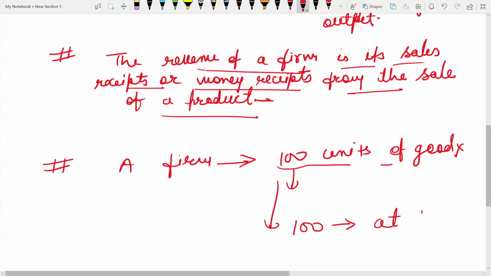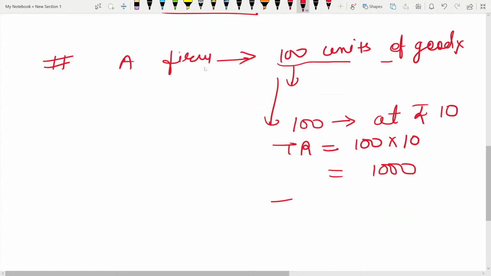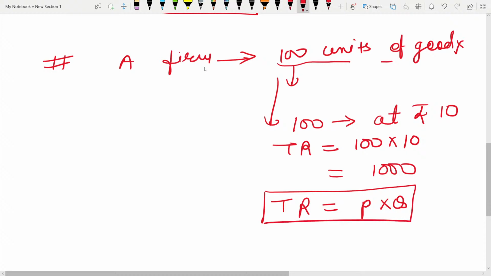That price would be, let's suppose, 10. So what would his revenue be? His revenue will be 100 into 10, so this will be 1000. Because as we all know, the formula of total revenue is P, that is price, times Q, that is quantity. So this is total revenue.